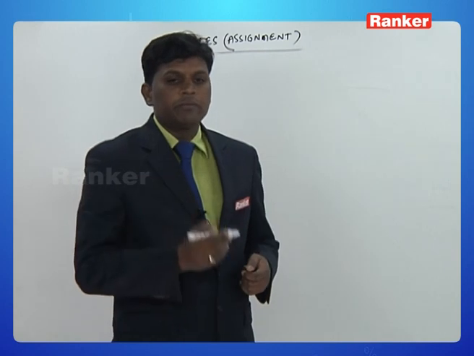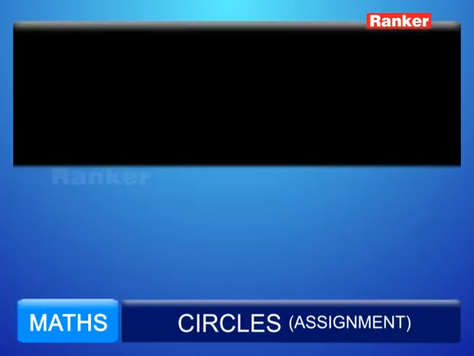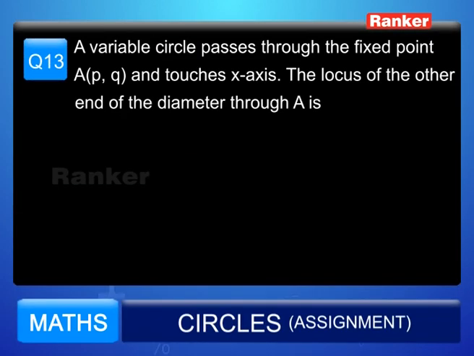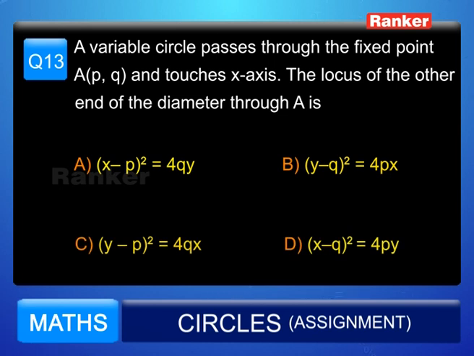Let us see question number 13. In this problem, a variable circle is passing through the fixed point P comma Q given.